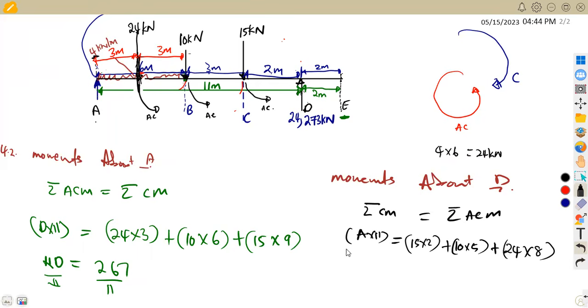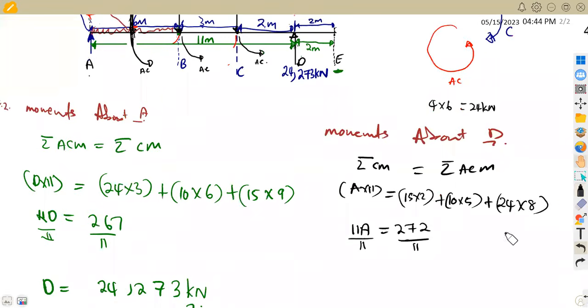So avoid errors there. All right, 11A equal to, if you simplify everything there, we are going to obtain 272. So if we divide by 11 both sides, this is going to give us the exact value of A, which in this case is 24,727 kilonewton.